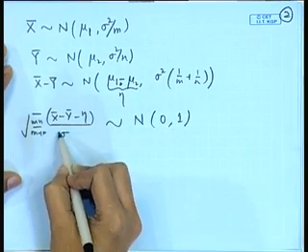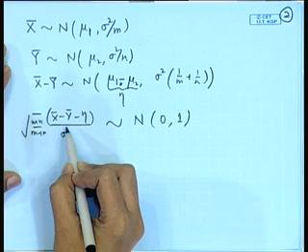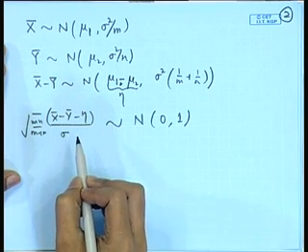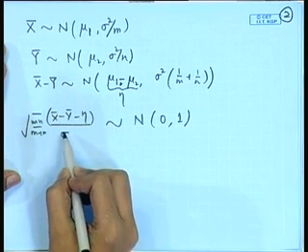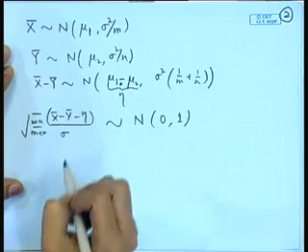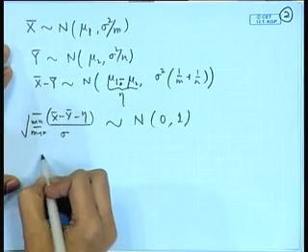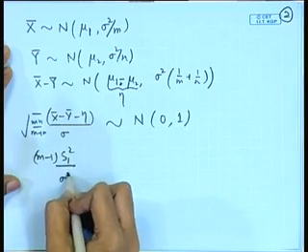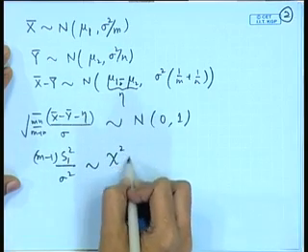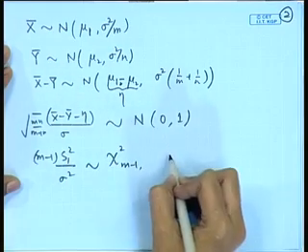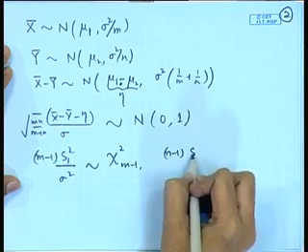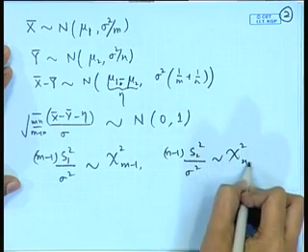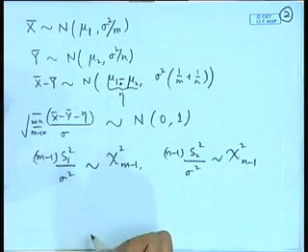However, this involves the unknown parameter sigma also. So, we cannot straight away use it as a pivot quantity. So, we need an estimator for sigma also. So, we can get it here by considering (m minus 1) s1 square by sigma square follows chi square on m minus 1 degrees of freedom, and (n minus 1) s2 square by sigma square follows chi square on n minus 1 degrees of freedom.